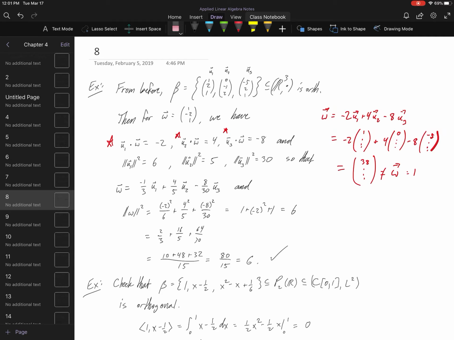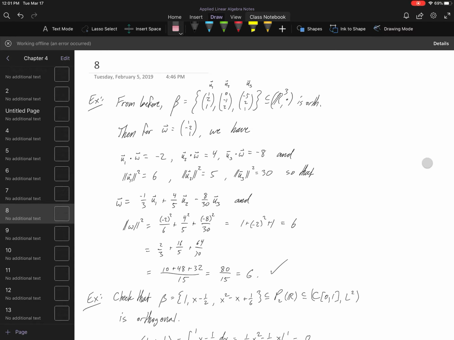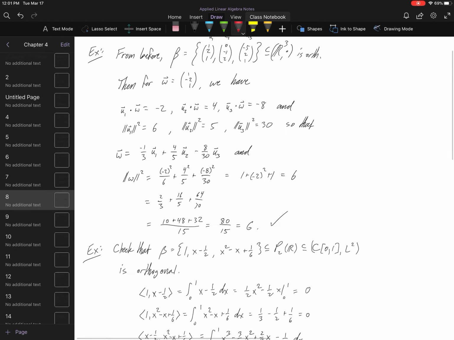Okay. So we definitely have the wrong scales in mind, and this is exactly what these square norm bits are going to do for us. They're going to scale back the coordinates so that we have the correct weights. So I have to take this ratio. For C1, I'll have to take U1 with W and divide by the length of U1 squared.